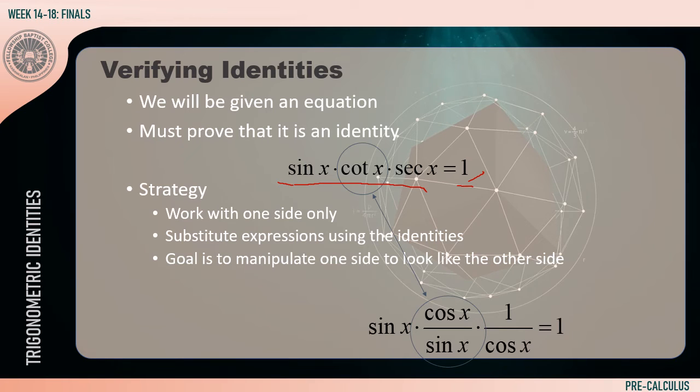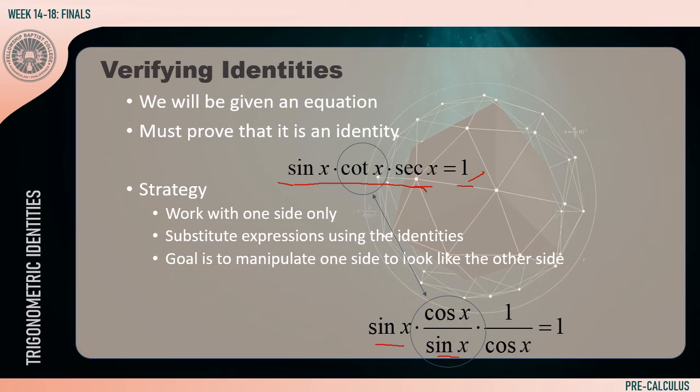In manipulating this, i-convert nimo ang imong mga function into sine and cosine. So, we have sine x. Cotangent x, convert natin into sine and cosine. Gamit ratio identity, ang ratio identity sa cotangent is cosine x over sine x. Then, we have secant x.